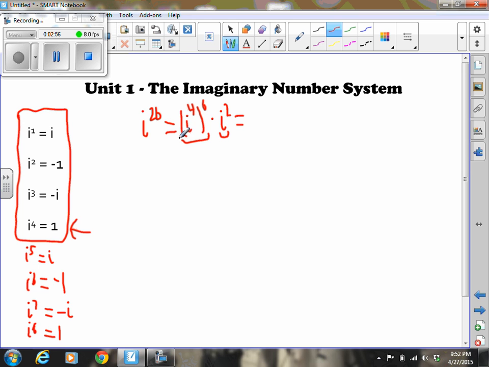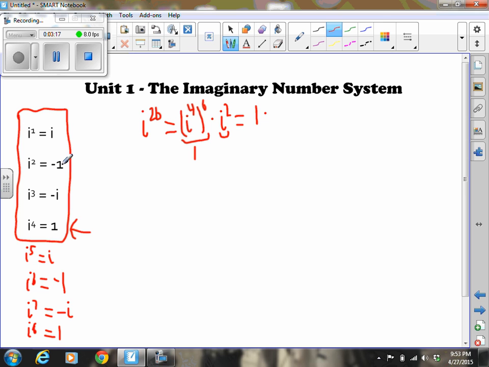Well, what do I know about i to the 4th? Based off what we've already derived, i to the 4th is 1. So what's 1 to the 6th power? That's just 1. That's why I looked for that. It's the easiest expression, because 1 to any power is always going to be 1. What do I know about i to the 2nd?